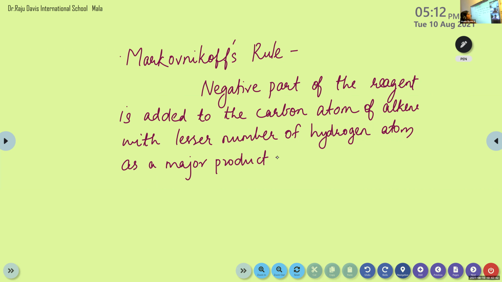So this is the method of addition of hydrogen halides. When hydrogen halide is added to an alkene, alkyl halide is obtained. It follows Markovnikov's rule if the alkene is unsymmetrical.